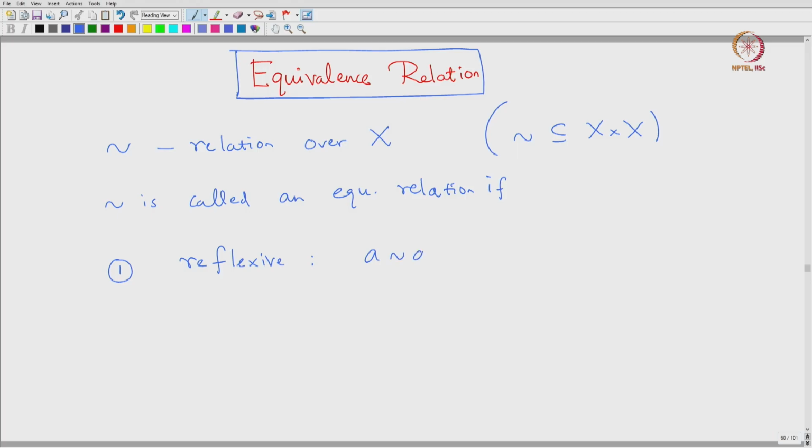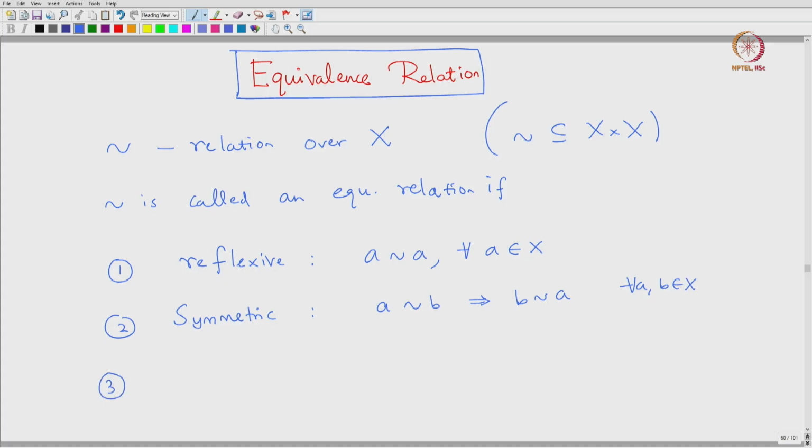So, A related to A for all A in X, and as a second property we have the symmetric property. That means, if A is related to B, that would imply that B is related to A, and this is true for all A, B in X.